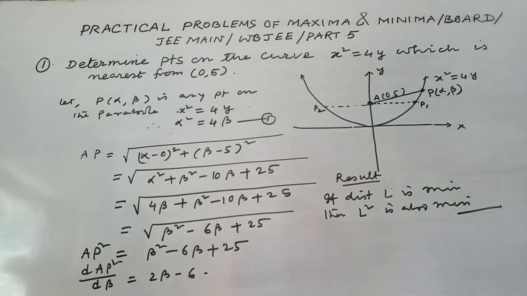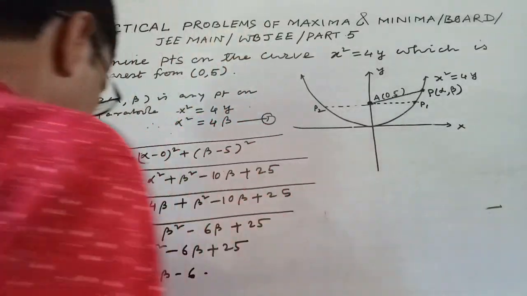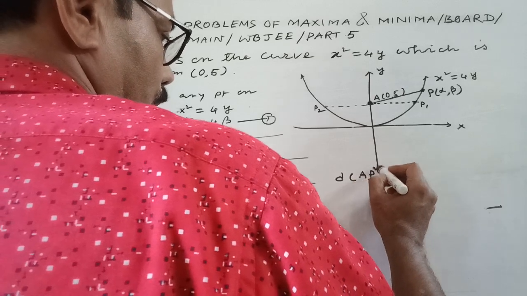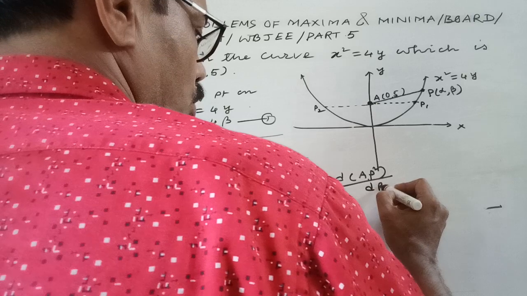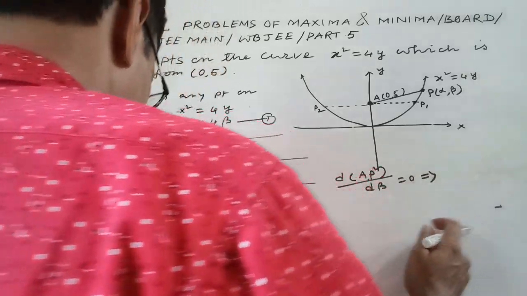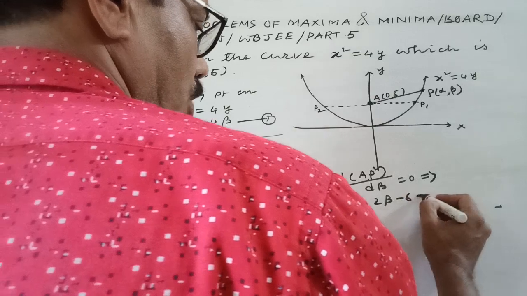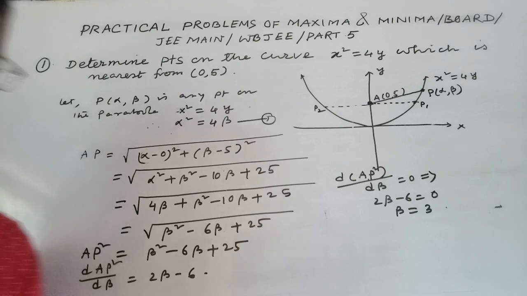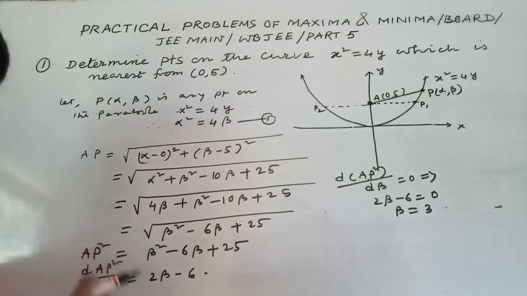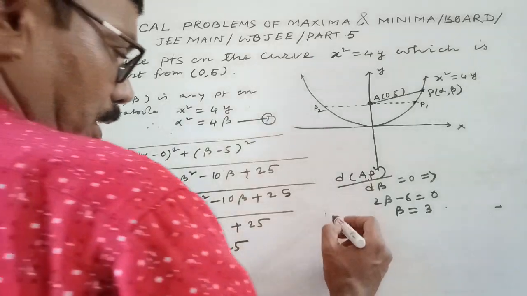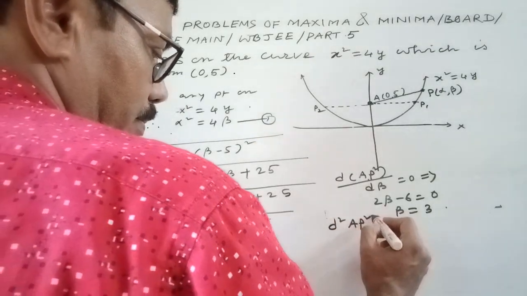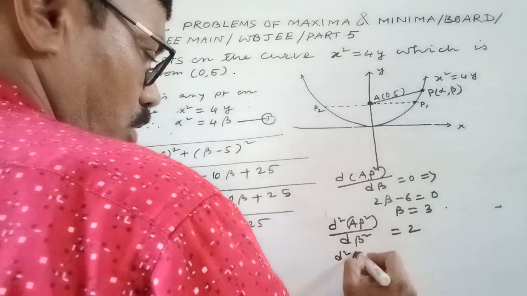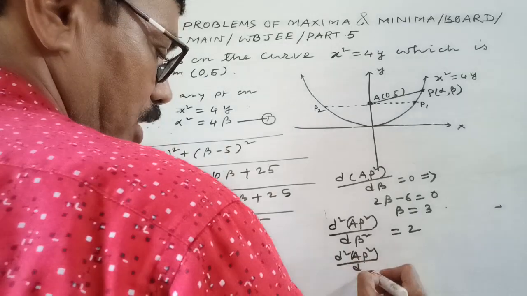Now for the minimum value of AP square, d AP square by d beta equals 0. This implies 2 beta minus 6 equals 0. So, beta equals 3. Now you have to find the double derivative. d square AP square by d beta square equals 2.